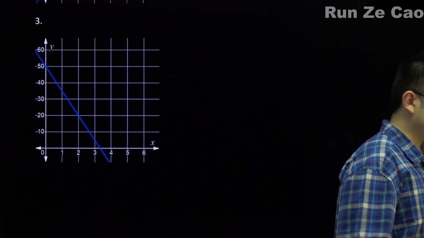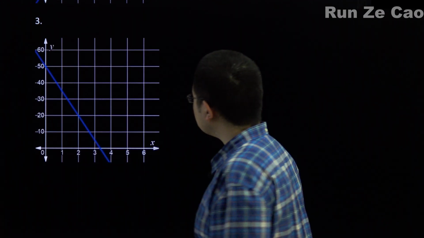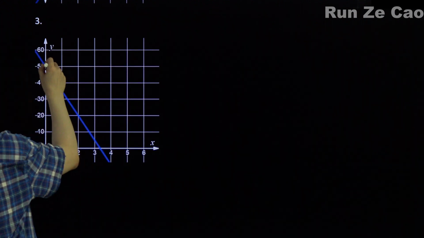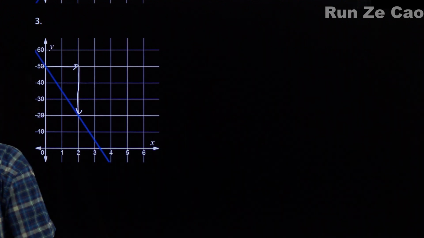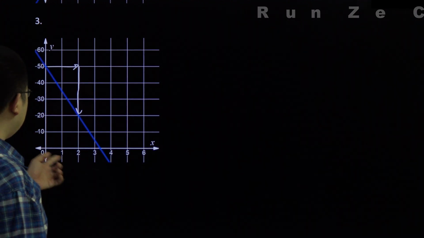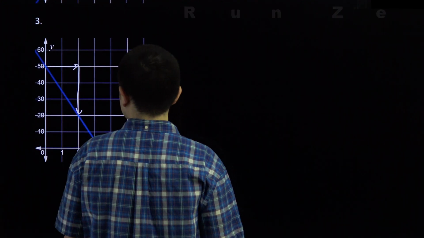The rate of change here, though, we go from 50 down to 20 when x goes up by 2.